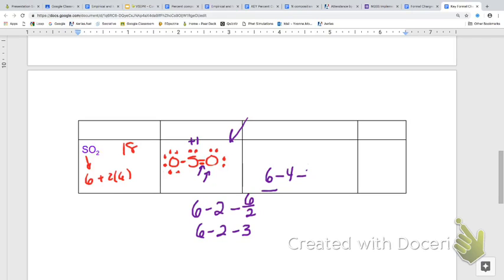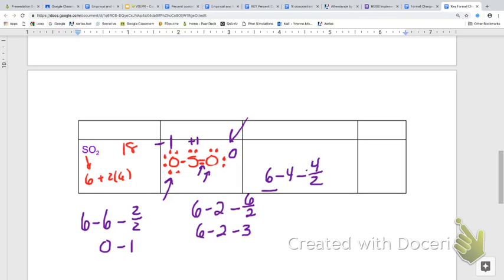We have the 4 in that double bond divided by 2. So that gives us 6 minus 4, which is 2, minus 2 gives us a formal charge of 0 on that oxygen. Now let's check the oxygen on the left. We have 6 minus 6 unshared minus 2 divided by 2. So 6 minus 6 gives us 0 minus 1, and there's our -1 charge.